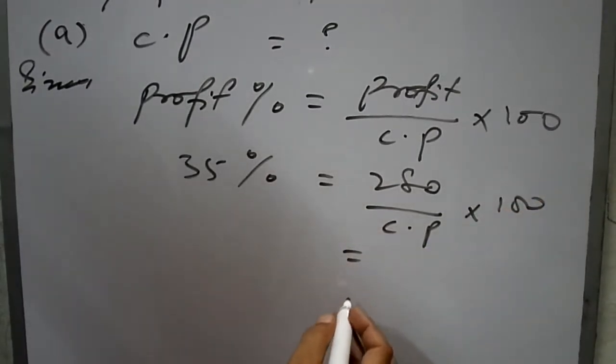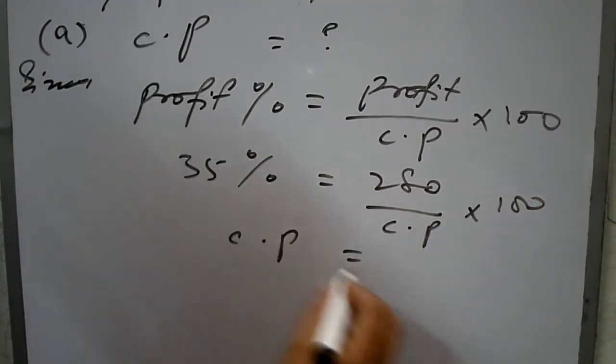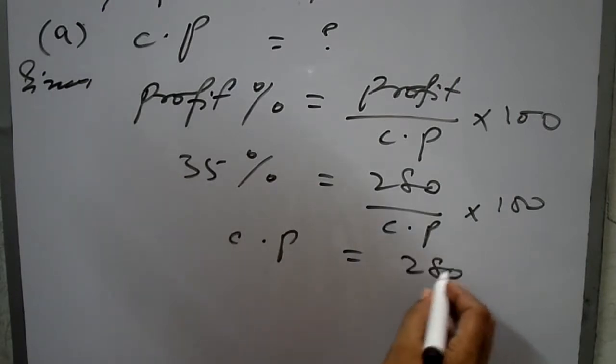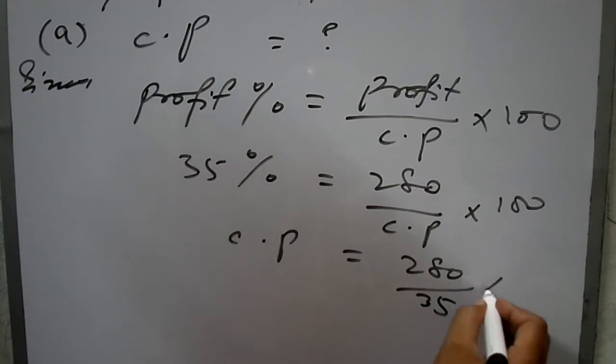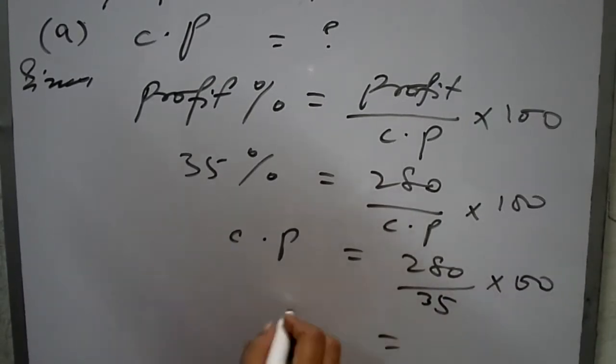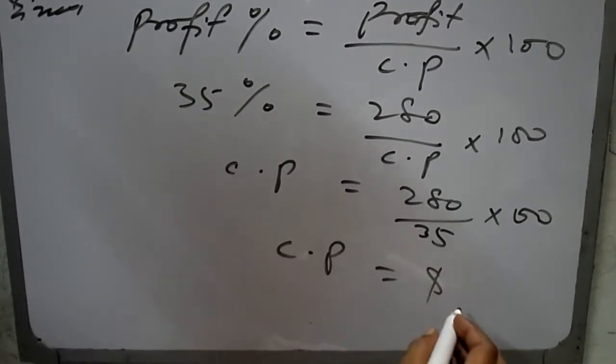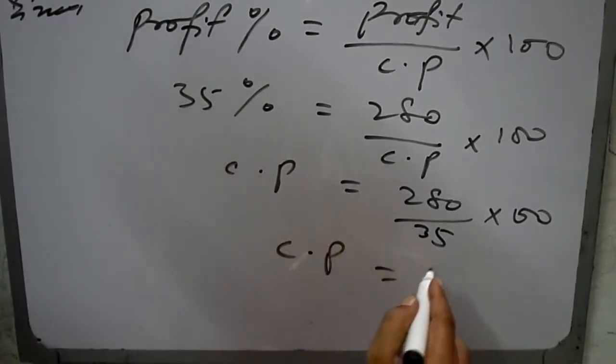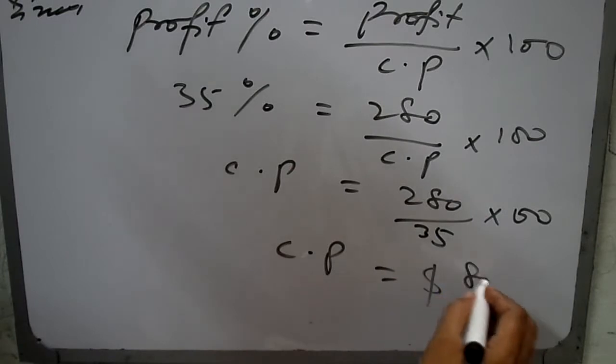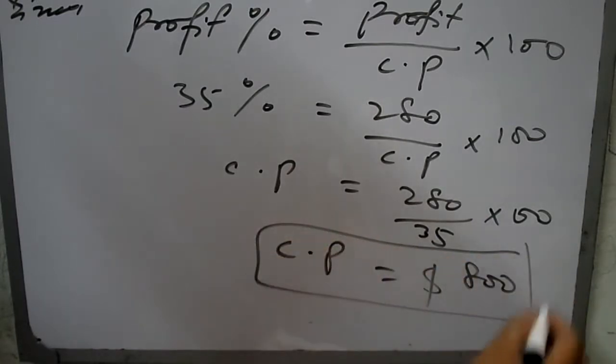You need the value of cost price using cross multiplication, so cost price will be equal to 280 by 35 multiplied by 100. So by simplification you will get $800. So 800 is your required result in A part.